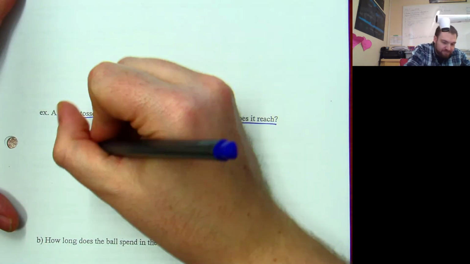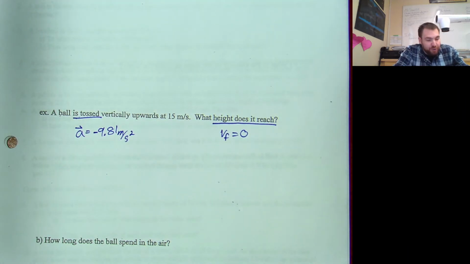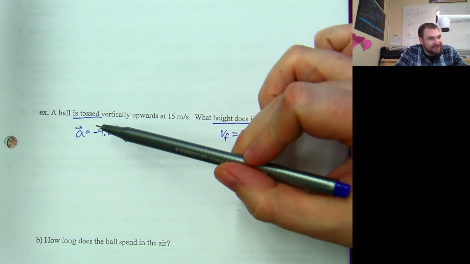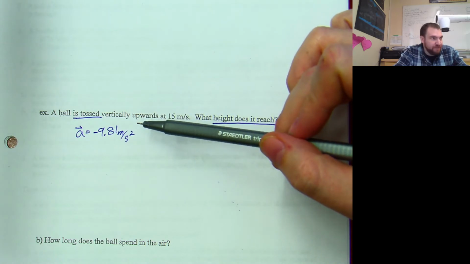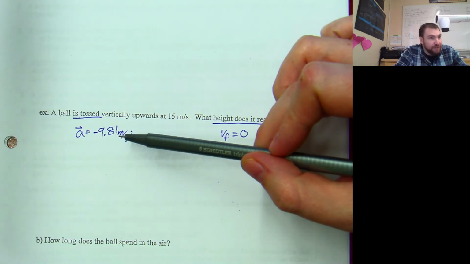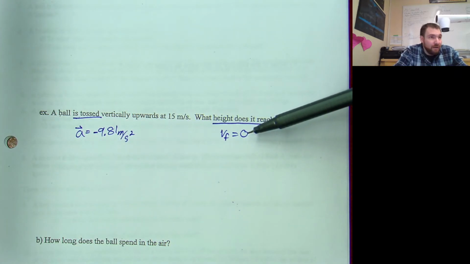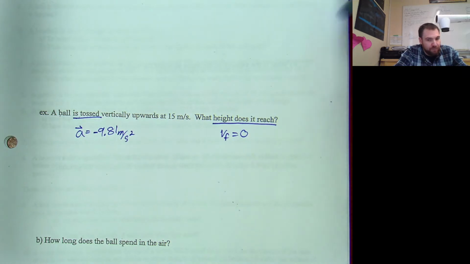Absolutely. Those are the two things it becomes really important that you're able to pull out of stuff like this. Because the thing's tossed on Earth, and if I don't tell you otherwise, assume it's on Earth, that gives you the acceleration. And at the height it reaches, the final velocity is going to be 0.